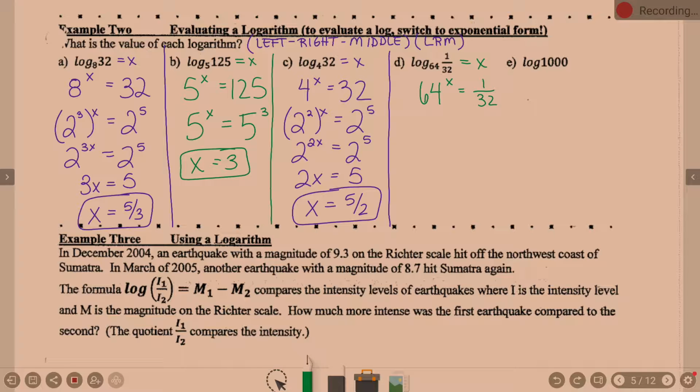What do you know about 64? 2 to the 6th, right? Take 32 and multiply it by 2. So let's rewrite this. 64 to the x is 2 to the 6, so I'm going to rewrite this as 2 to the 6 raised to the x. 1 over 32 is going to be 1 over 2 to the 5th.